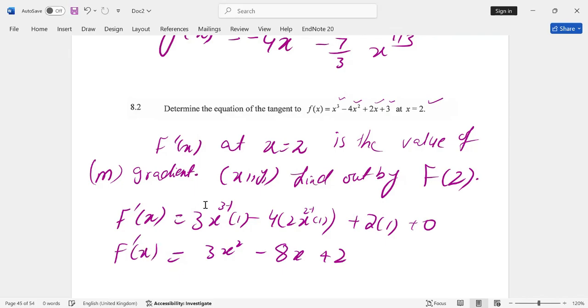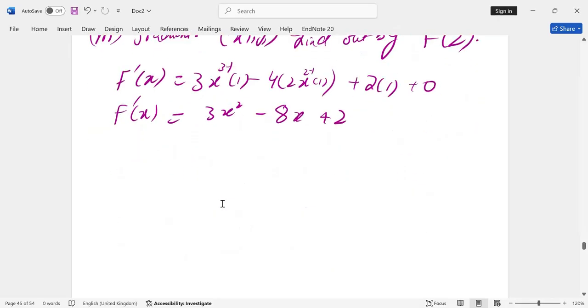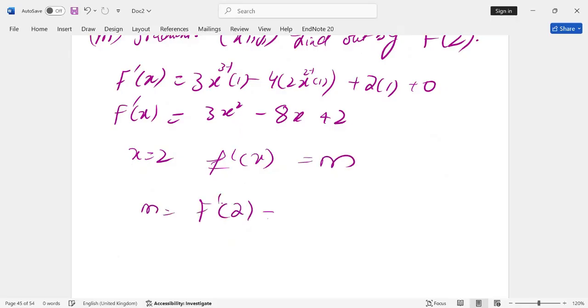So this is the derivative of function f of x. Now, when we put x equals 2 in f prime of x, we get the value of m. So m equals f prime of 2, which is 3 times 2 squared minus 8 times 2 plus 2.